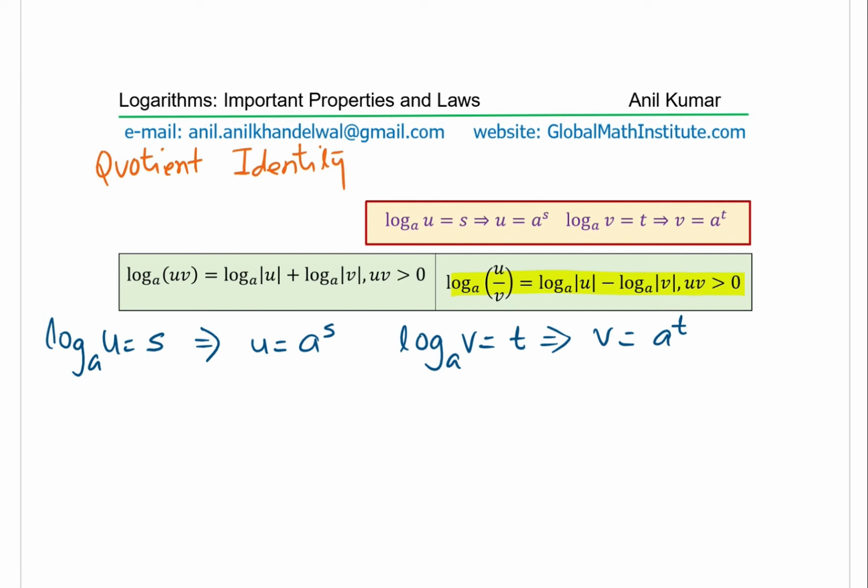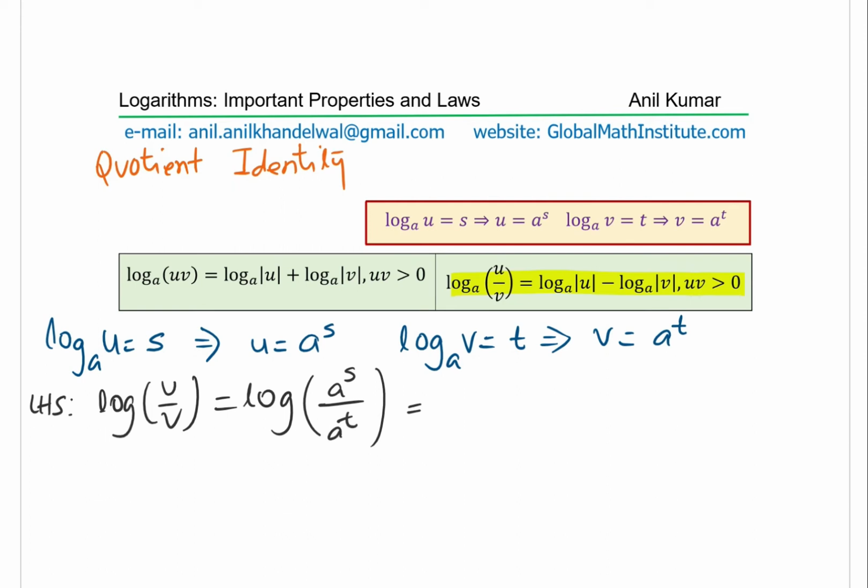And therefore, now let's begin with the left-hand side, which is log of u over v. Now we could write this as log of u, which is basically a to the power of s, over v, which is a to the power of t. Now this is like a quotient, right? So it can be written as log of a to the power of s minus t, and that is equal to s minus t, since we know, let me write down the rule once again, that log of a to the power of x is actually x.